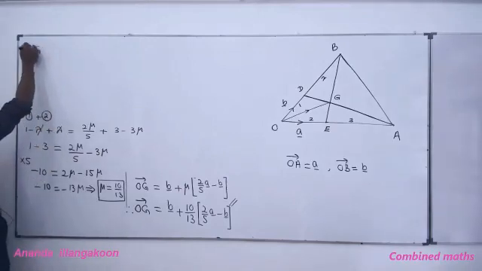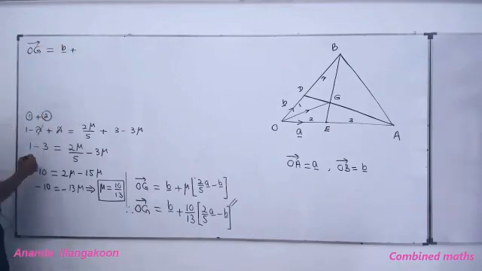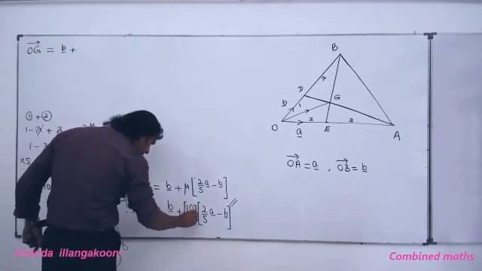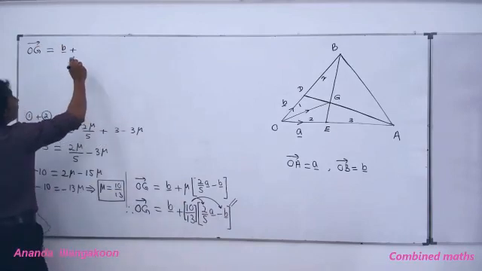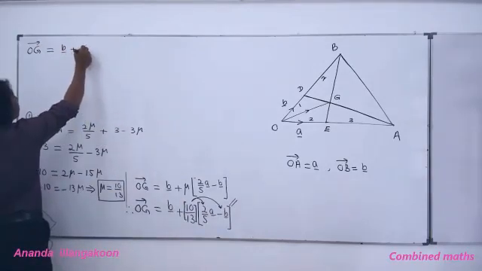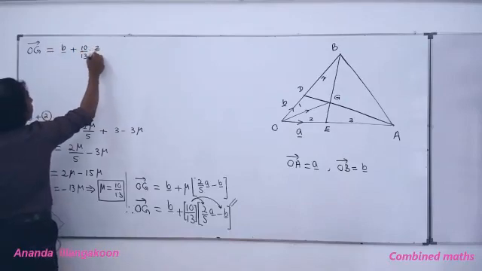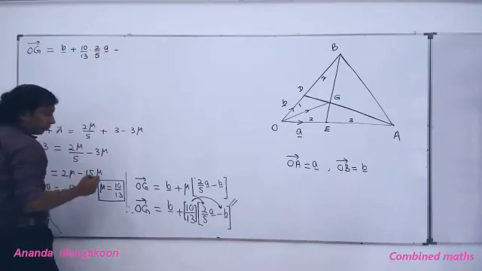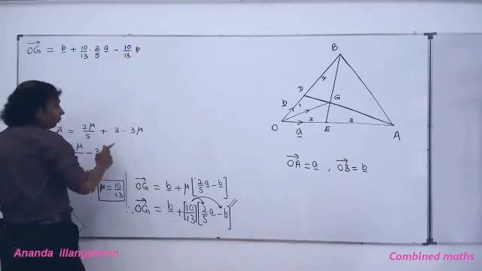OG vector is therefore equal to vector b plus 10 by 13 multiplied by this and this: 10 by 13 into a by 5, minus 10 by 13 into b.